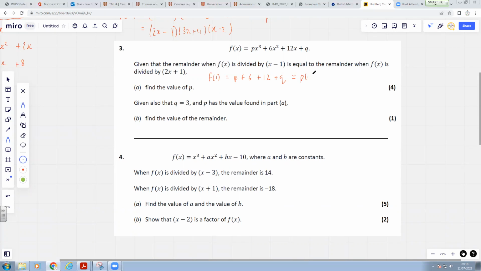So we get p times minus a half cubed plus 6 times minus a half squared. Don't rush this bit because you need to get this bit right. Plus 12 times minus a half plus q.